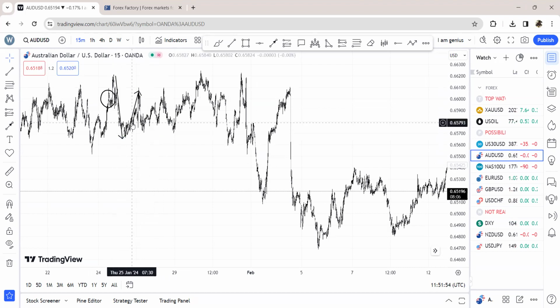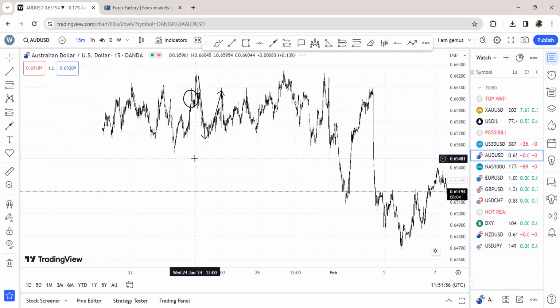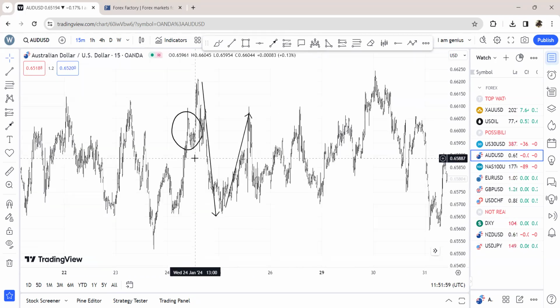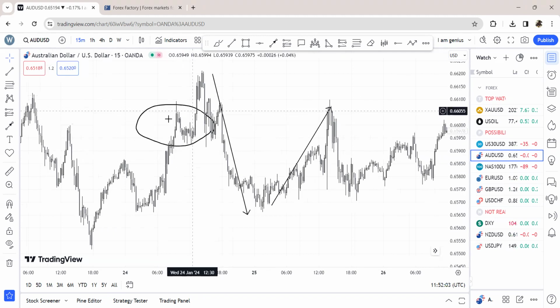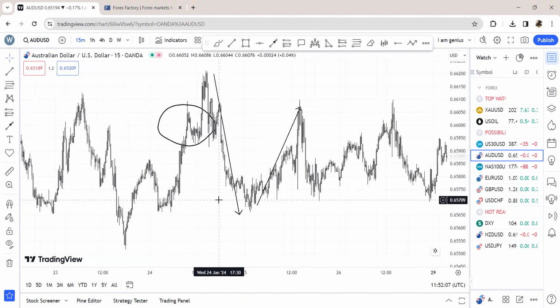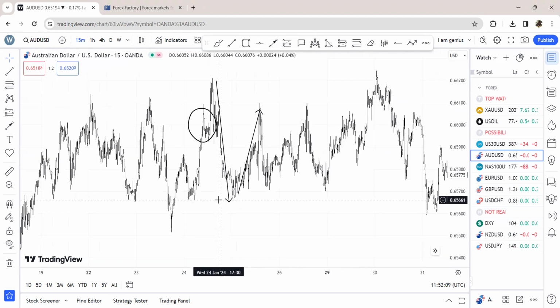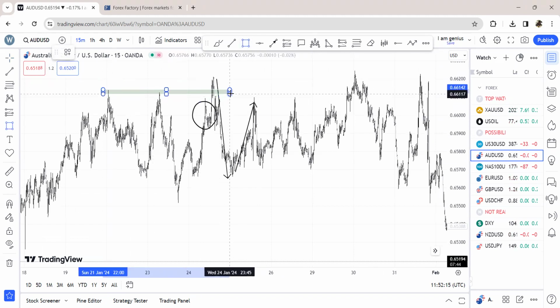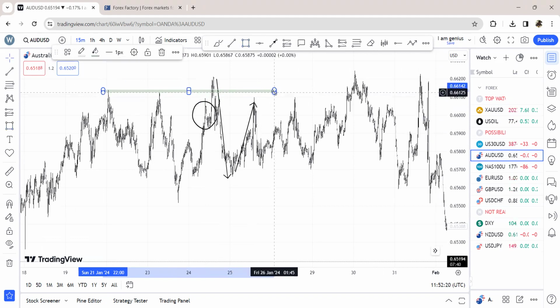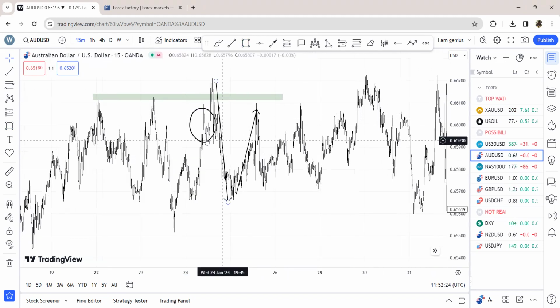So after that news release, if I was to zoom in a little bit, for context sake, after the news release, somewhere around there, we saw this massive drop. So if you had predicted that the market had been fading in the past to break past that level, it had been fading to break past that level.